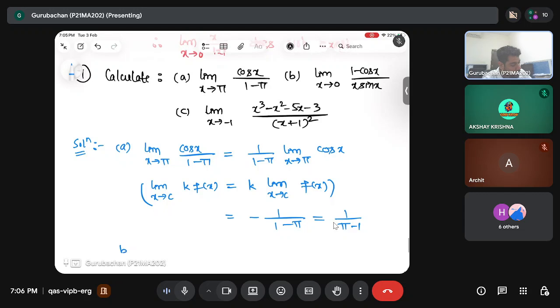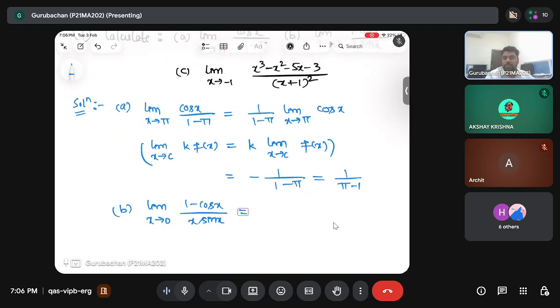Now in the second case, limit x tending to 0 of 1 minus cos x divided by x sin x. Now check, there are two functions. Check whether the denominator is becoming 0 at any point. When x is near 0, the denominator is 0.